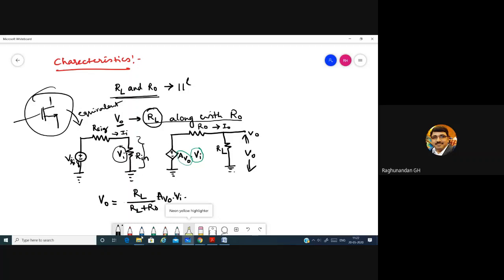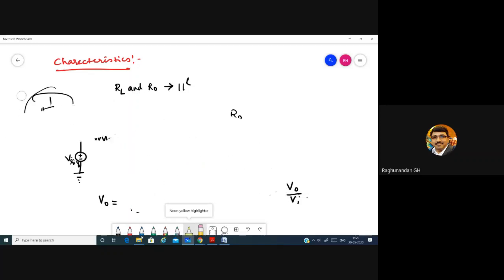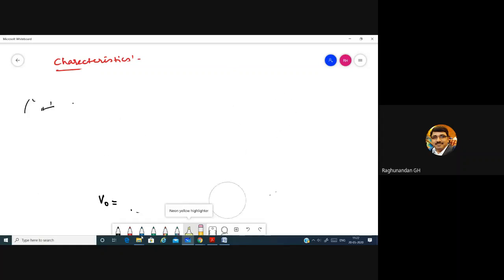And again, as you know, the voltage gain is Vo by Vi. But there is one more factor apart from this, that is called the overall voltage gain.